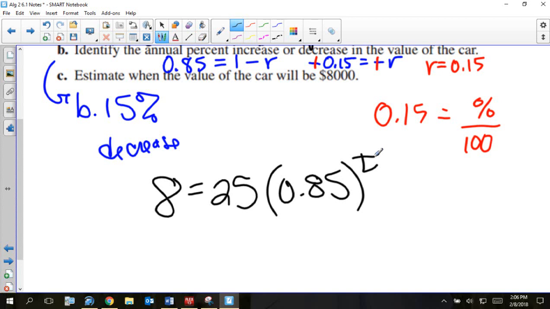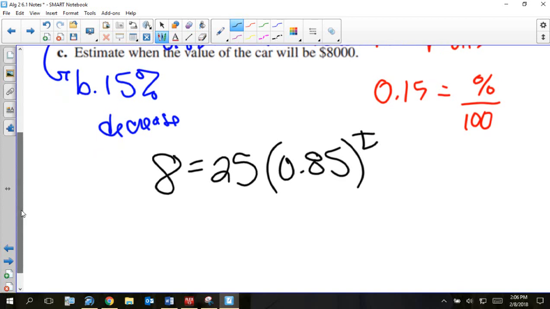We are learning that in this chapter. We haven't learned it yet, so right now we're just going to approximate an answer. Later we will learn how to get an exponent by itself.